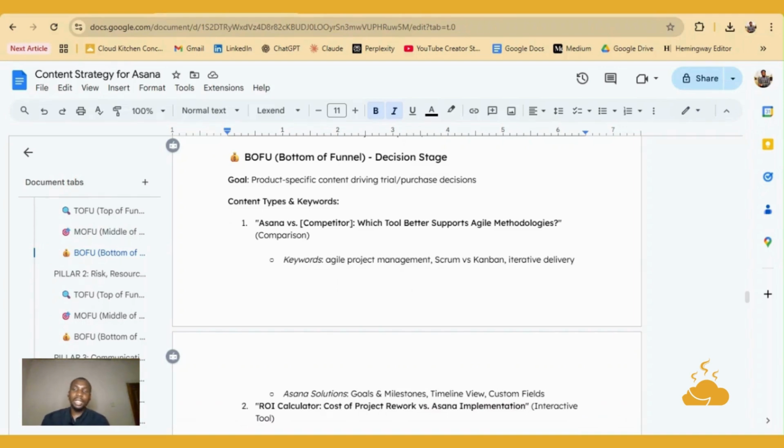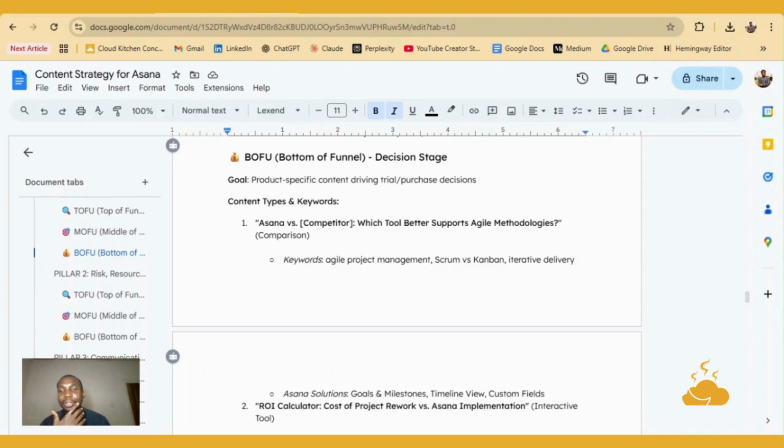Instead of saying Asana versus competitor, I'll just say how Asana supports your agile methodology, and then prove how Asana solves the agile methodology, even citing examples, putting customer reviews, and all those indicators will actually encourage any B2B buyer to patronize Asana.